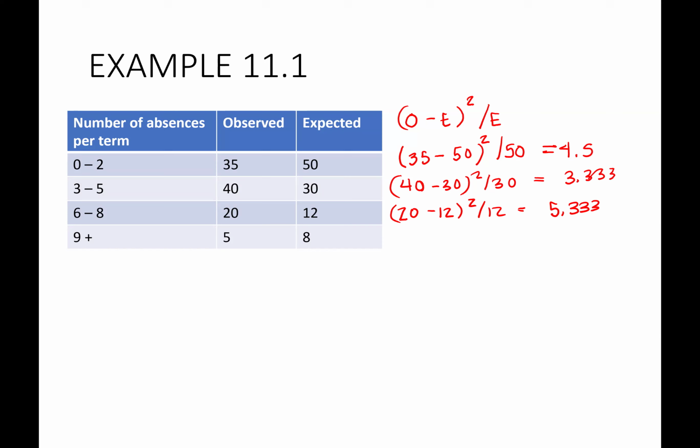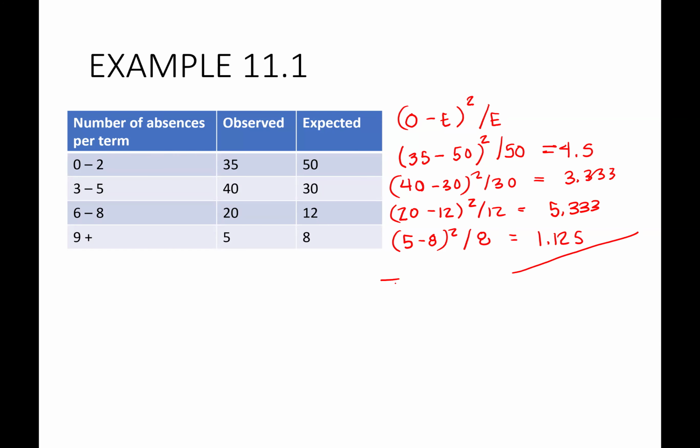And then observed minus expected, 5 minus 8, square that and divide that by 8. You'll notice that these always turn out to be a positive quantity because you're squaring observed minus expected, and whenever you square a real number, the result will be positive. So that's going to be 1.125.